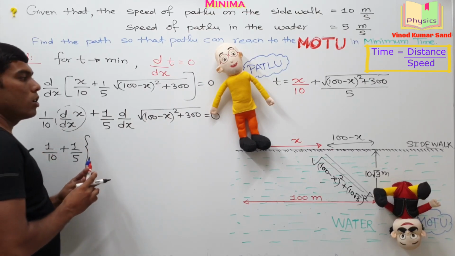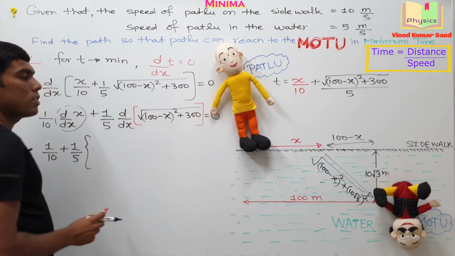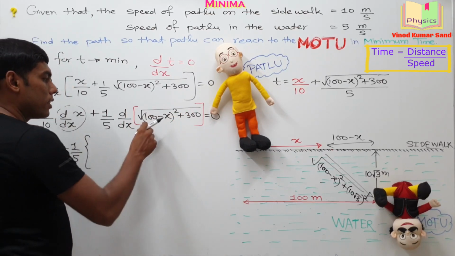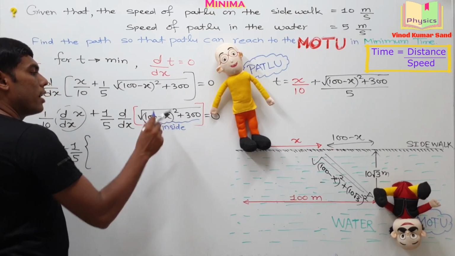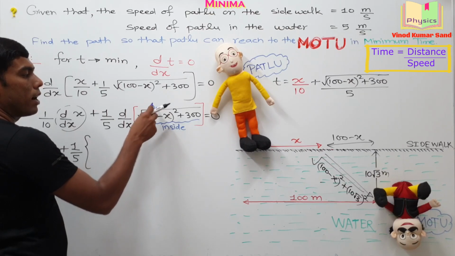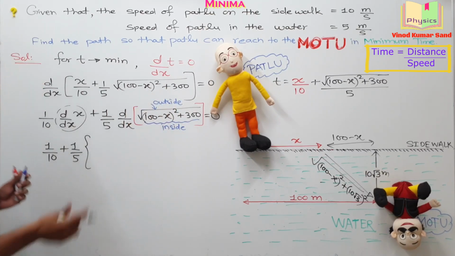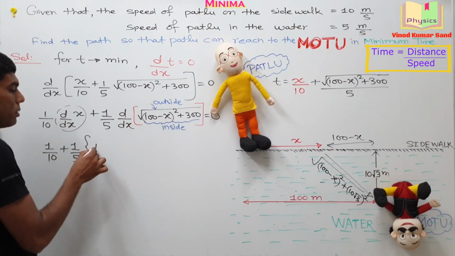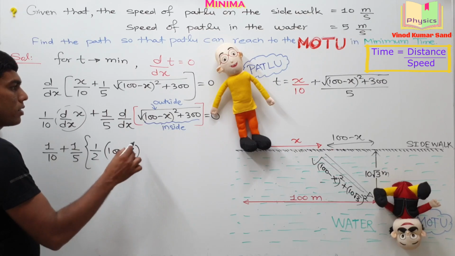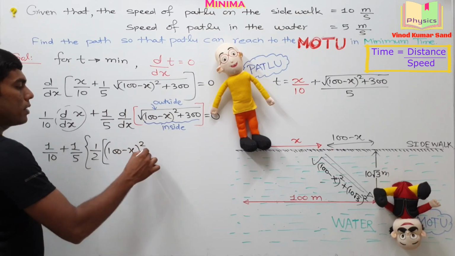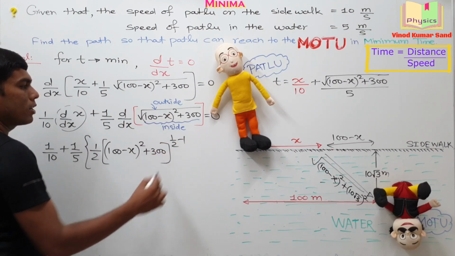And this will be solved using the outside inside rule. Which function is outside and which is inside? This entire data is the inside, and this root, this power half, is the outside. We know how to differentiate the powers. It will be written as half, (100 minus x) whole square plus 300, to power half minus 1.